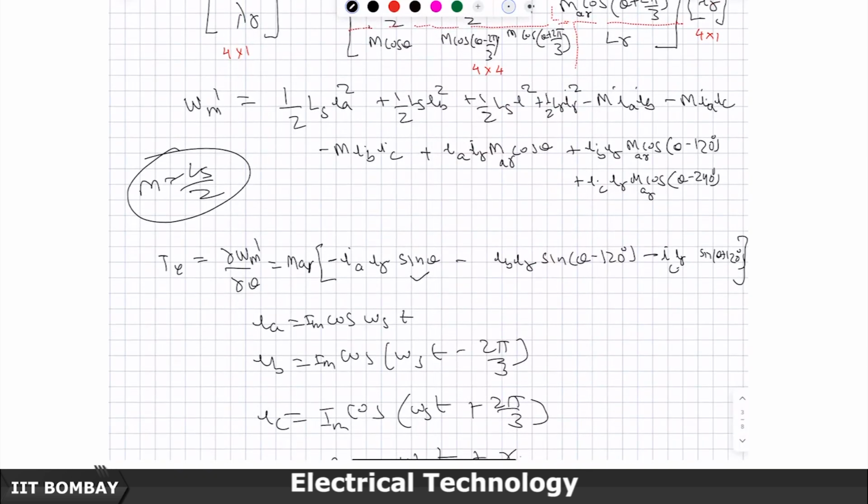So, the last term corresponded to this IC, and this is what is substituted.